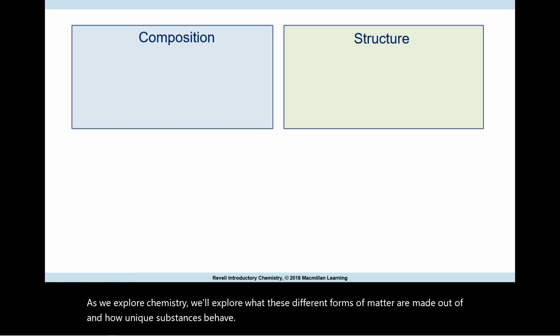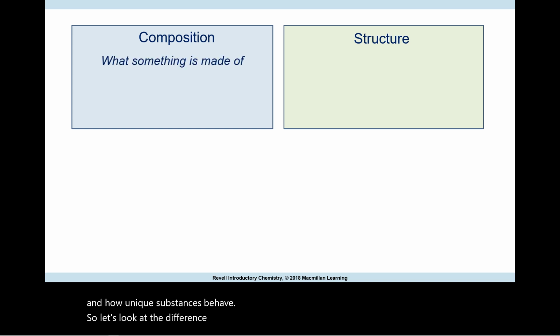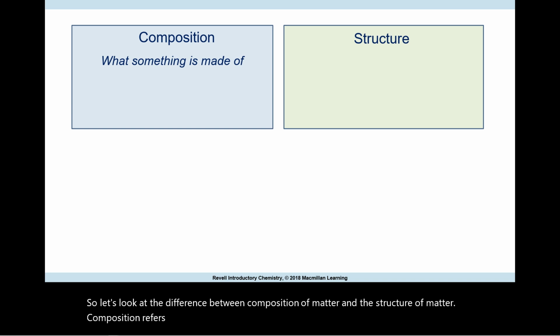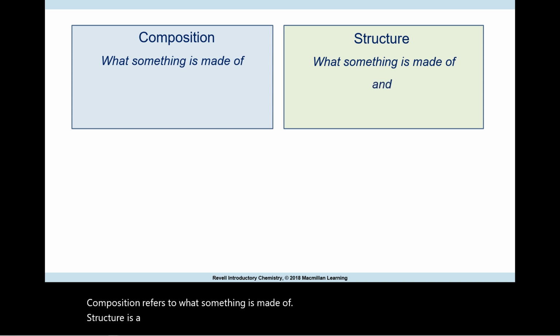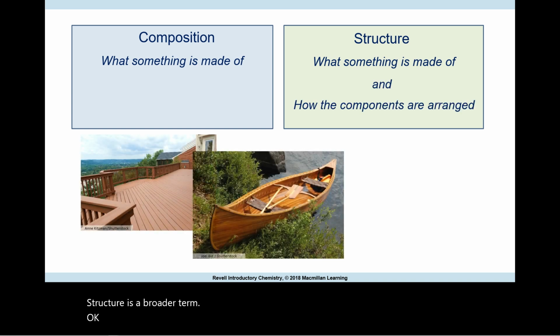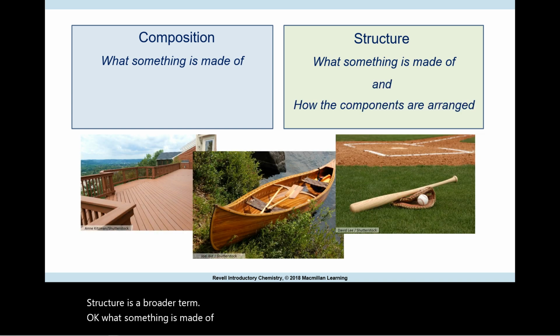So let's look at the difference between composition of matter and the structure of matter. Composition refers to what something is made of. Structure is a broader term: what something is made of and how the components are arranged. We want to know those different things.